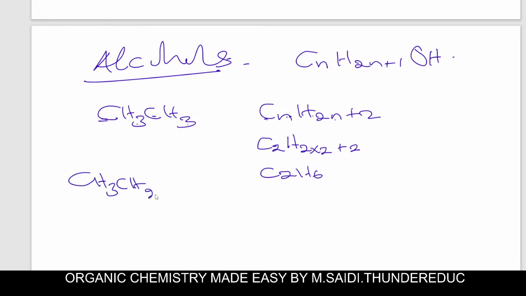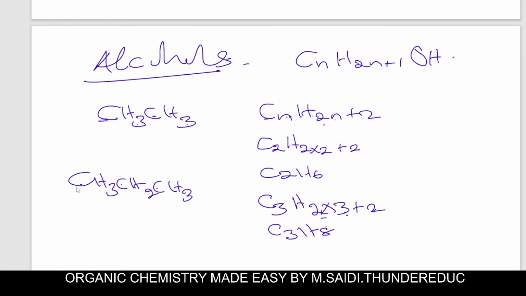CH3CH2CH2CH3. Let me see. We use the general formula. How many carbons are there? 1, 2, 3. Yes, there are 3. Then hydrogen is 2n plus 2, and n is 3, so 2 times 3 is 6, plus 2 is 8.